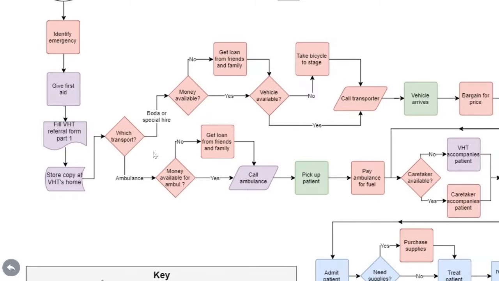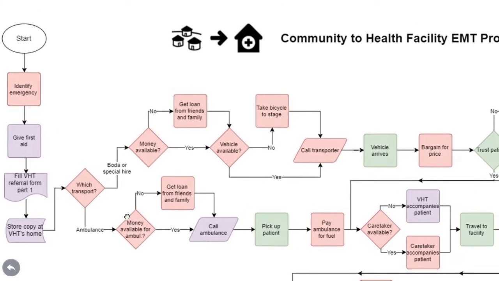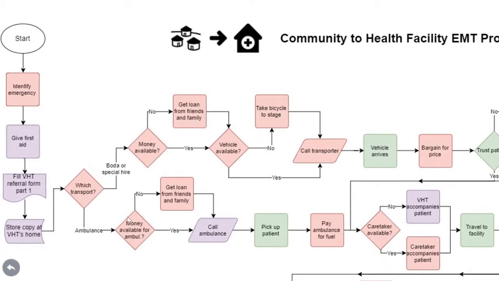Next, they would figure out which form of transportation they would use. In most community to facility emergencies, an ambulance was not an option. An ambulance in the places where we visited was almost solely used for referral transportation from a lower level to a higher level facility.